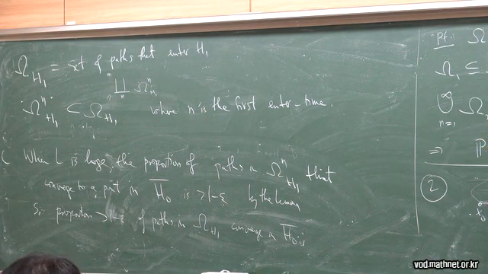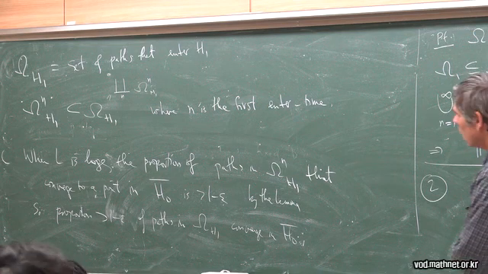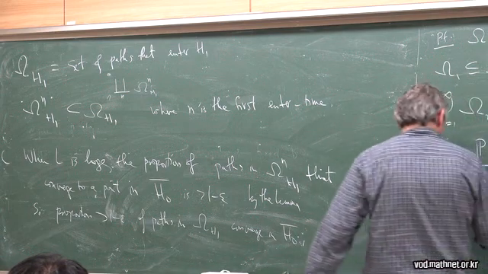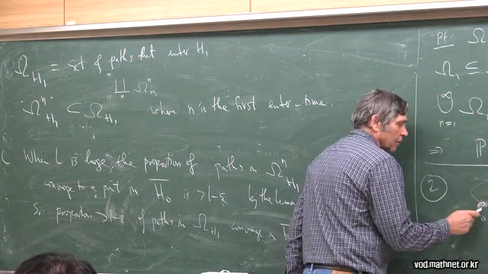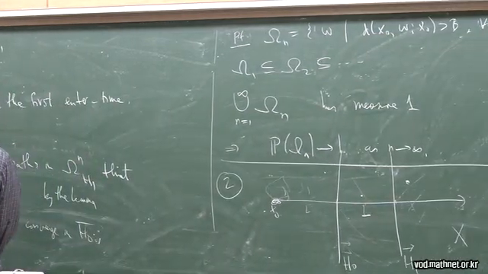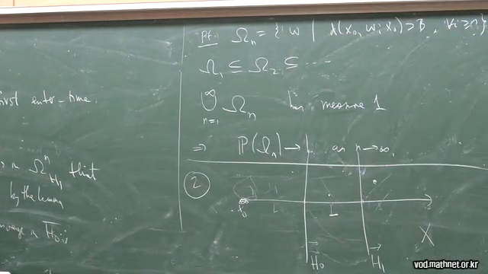But what is the proportion of all paths that converge to a point in h0 bar? I'm standing at x0 and I'm wondering what's the probability that my path will actually converge to some point in h0 bar. Well, what do you think? This is now some distant half space.